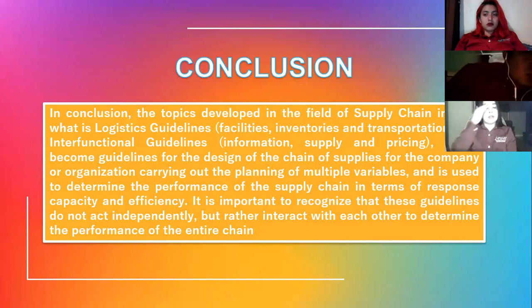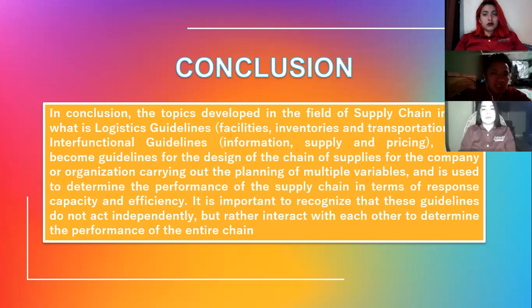As a conclusion, the topics developed in the supply chain file include logistic guidelines, which include facilities, inventories, and transportation, and the interfunctional guidelines: information, supply, and pricing.